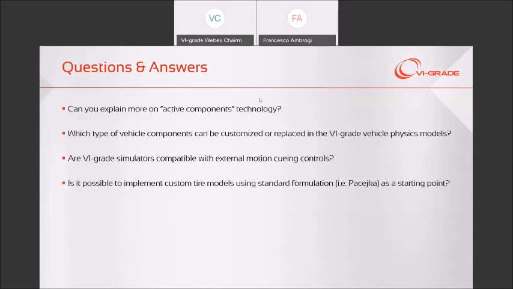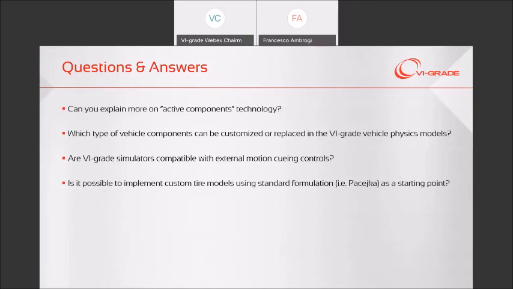Okay. Then are the ViaGrade simulators compatible with external motion cueing controls? Yes. Again, this is another example of how the ViaGrade technology can be considered as open. So in general, in the VI Drive Sim package, we do provide a motion cueing, which is in fact a result of long research activity.